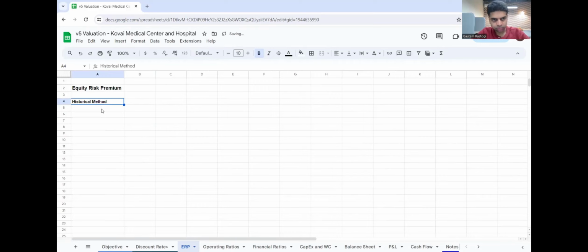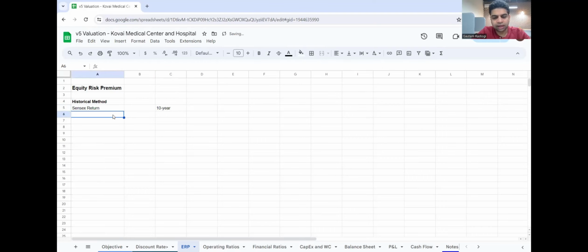First, let's use the historical method and see where you pull all this information. For the historical method, you need the market returns for the last 10 or 20 years. For the market return, you need three parameters. Let's take Sensex as our market: the Sensex return or Sensex appreciation, going 10 years back in time.